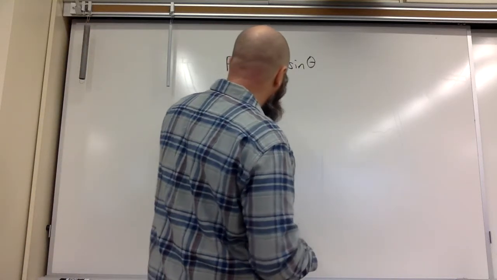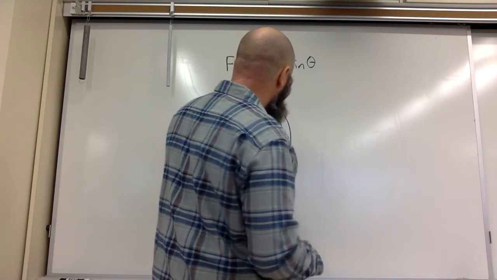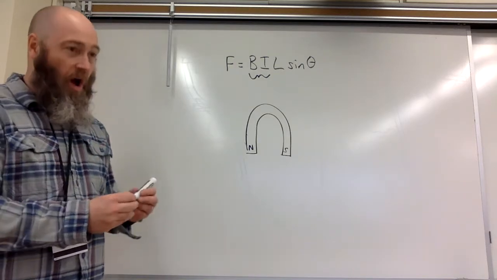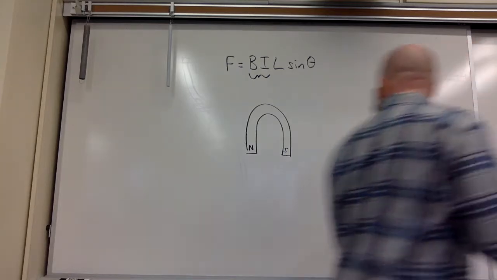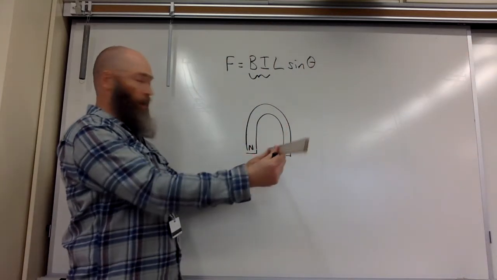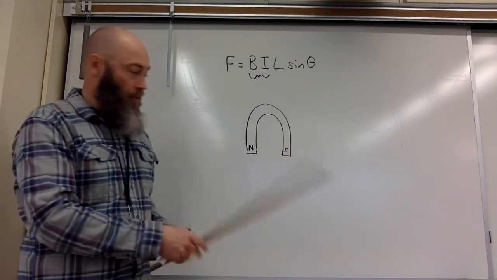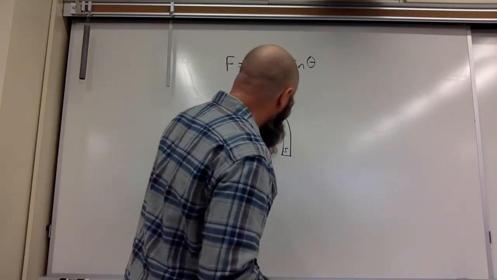In the problem that I showed you, we had a horseshoe magnet like this, and I had a wire coming this way, which if we were representing that wire, we would have to look at it like this.